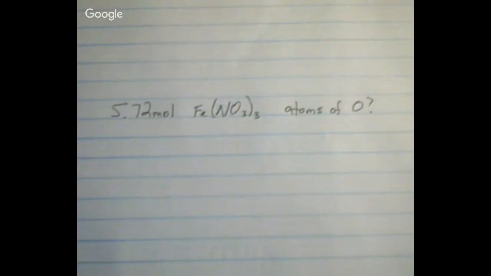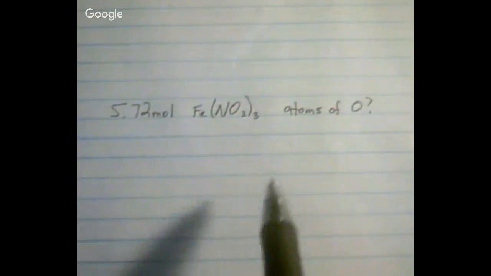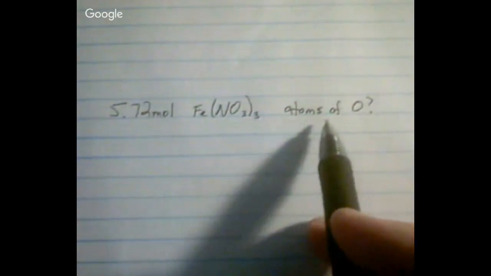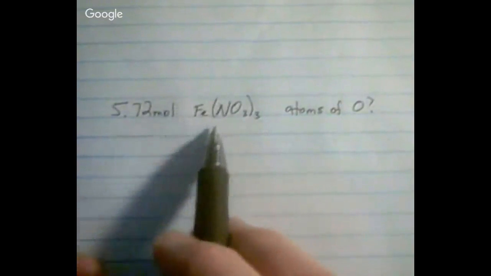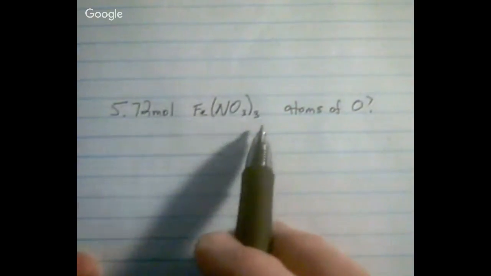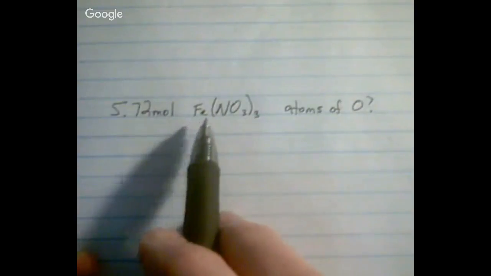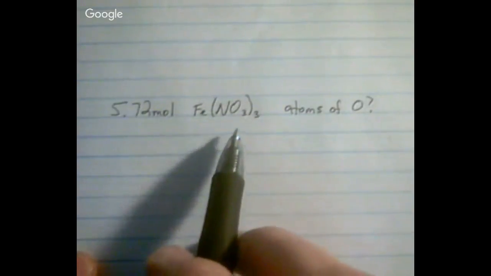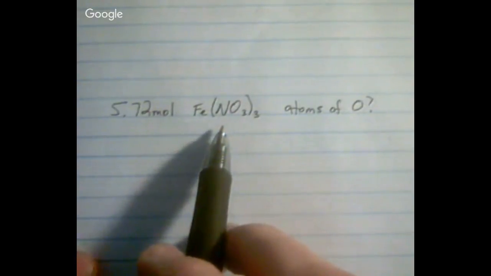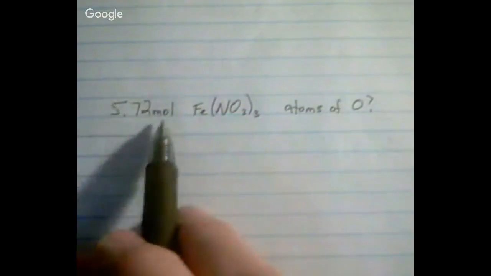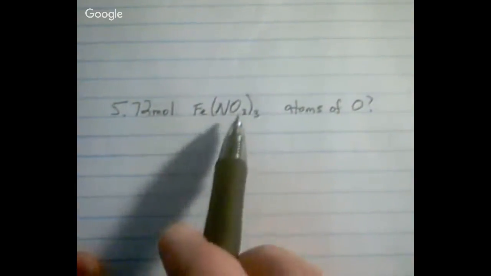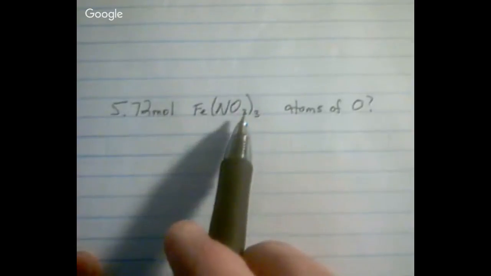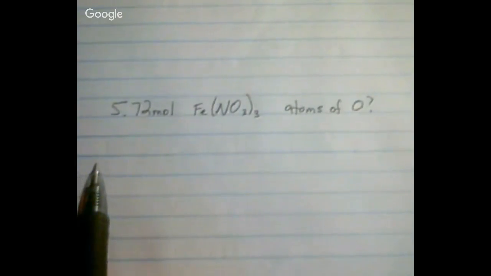All right, so well, we want atoms, and we have an ionic compound. We have the formula here, ionic formula. We got our metal, we got our polyatomic ion, negative, non-metal essentially. So if we have this many moles, that is how many of these whole things we have, which each one of these has 3 times 3, 9 oxygens.